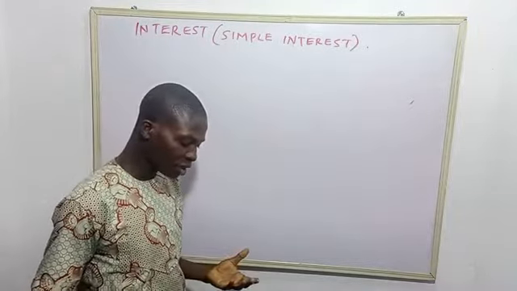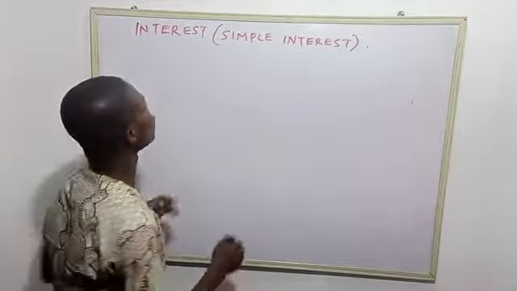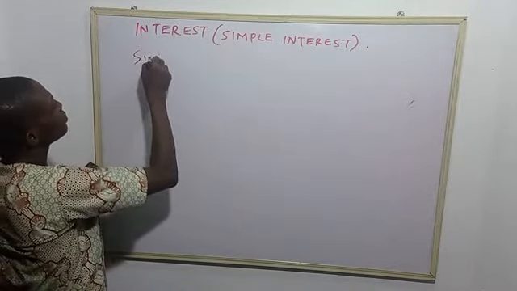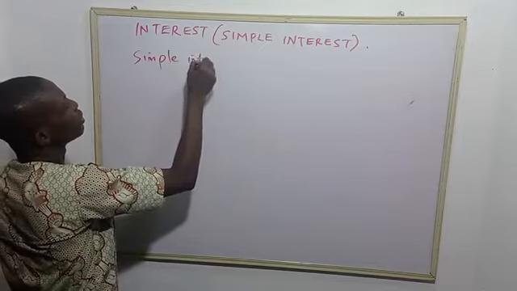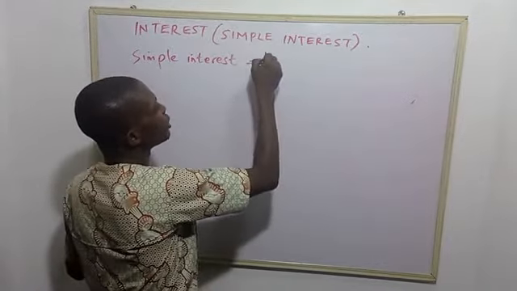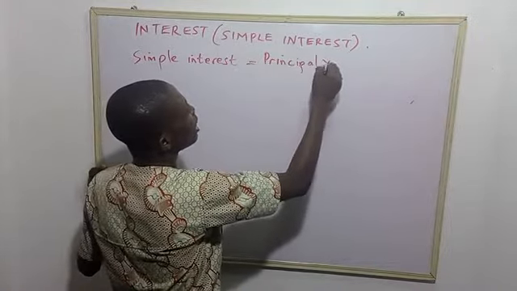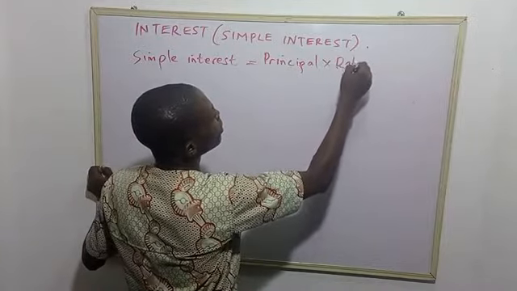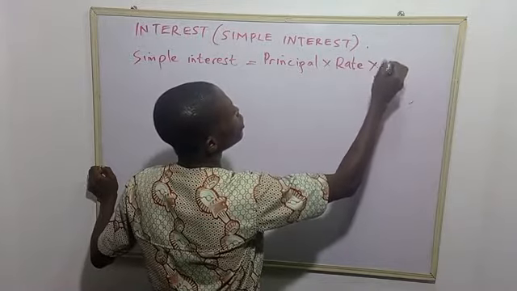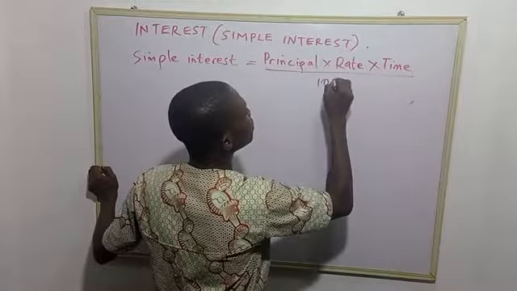Now, this time around, in working out the simple interest, we have a formula which is the simple interest equals to the principal times rate times time over 100.